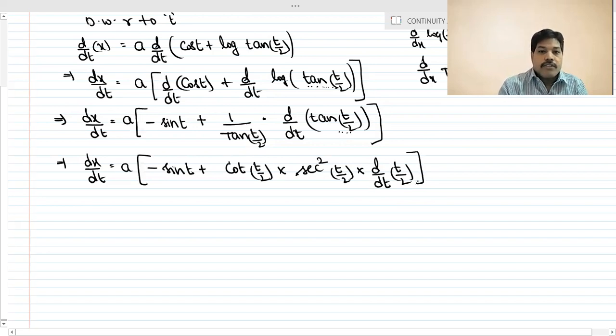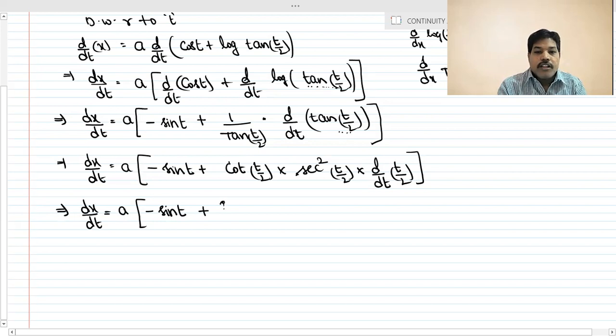So what happens? dx by dt is equal to a into minus sine t plus cos t by 2.